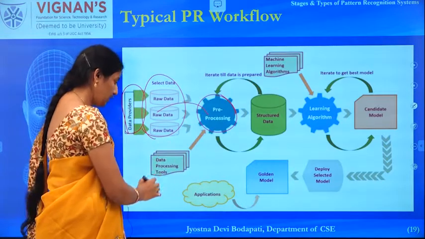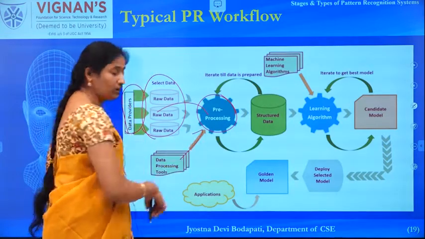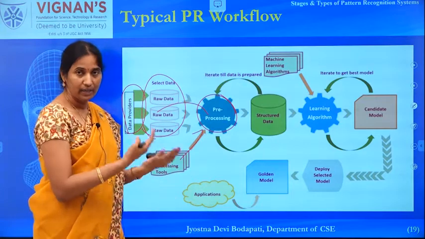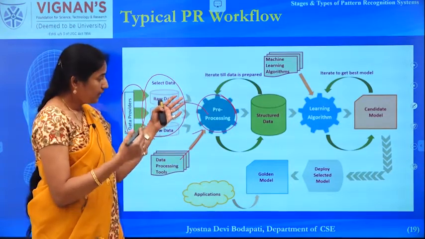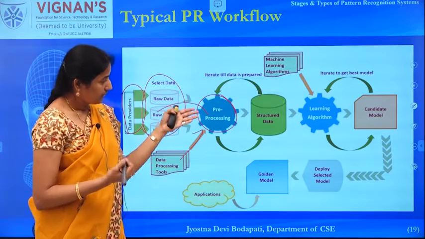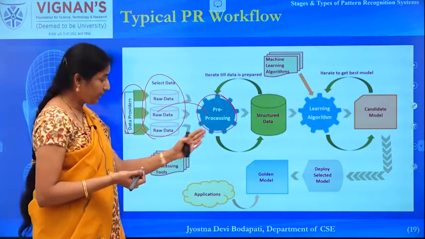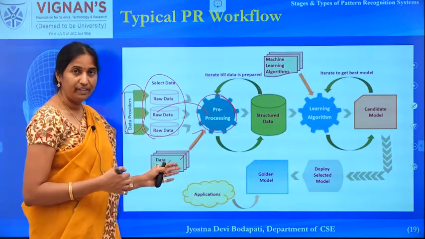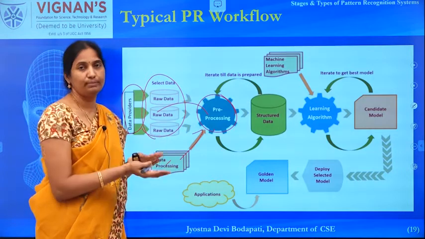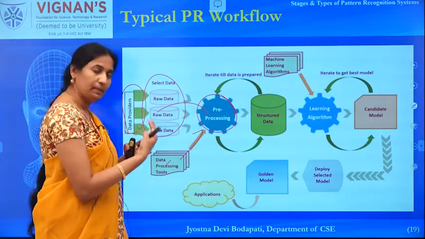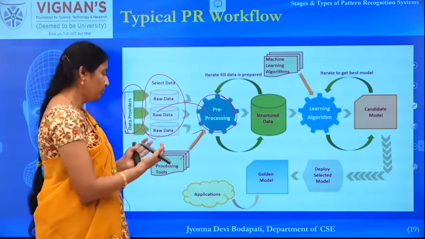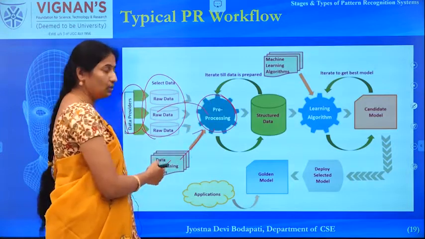For pre-processing, you can apply any technique depending on your data or the application. For example, if your application is text processing, then you need to apply one kind of algorithm. If it is video, then you need to apply some other pre-processing technique. Even for text, you have multiple types of algorithms, so you need to select one of these algorithms and try.